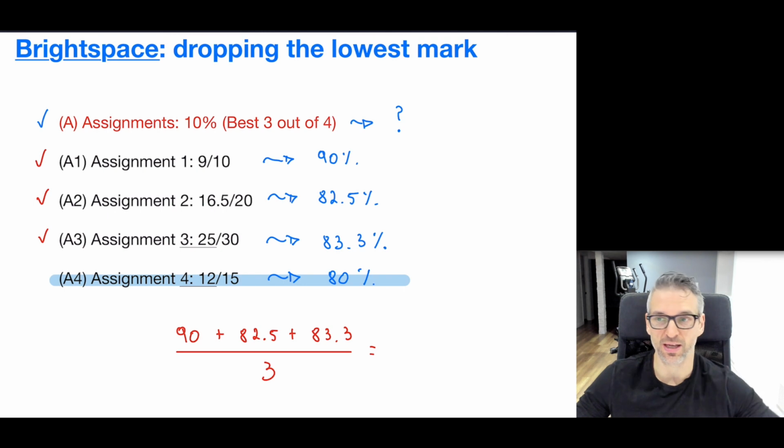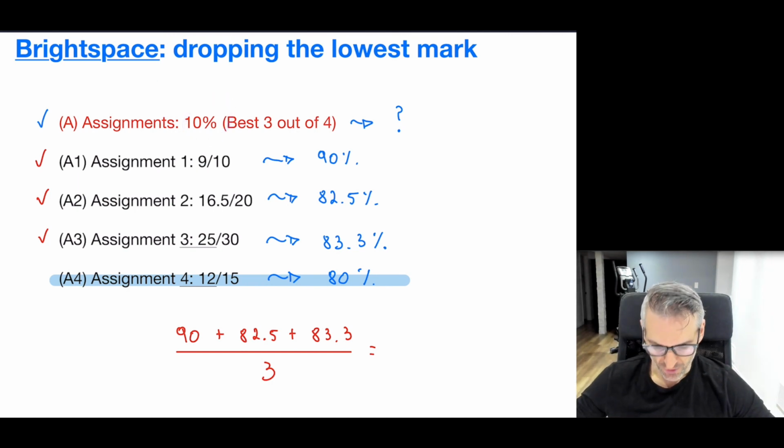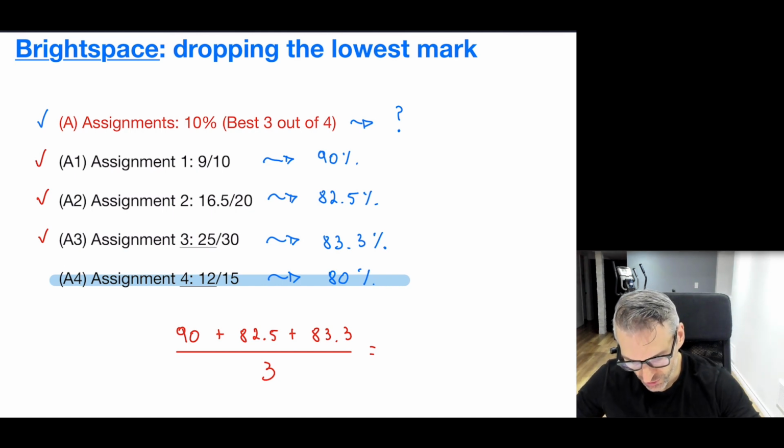Now, of course, the assumption is that every single assignment is worth exactly the same amount. It contributes the same to the overall assignments. As you can see there, maybe it's worth 10% in total or something like that. So that's what we would have over here. Now, once you do this, then we can certainly find out what the grade is, right?